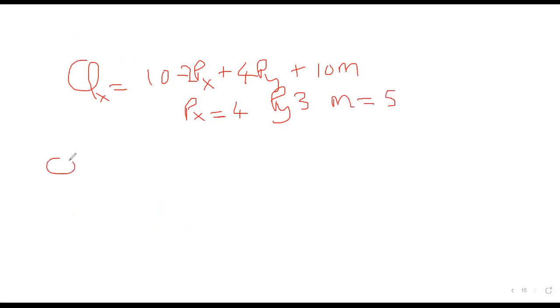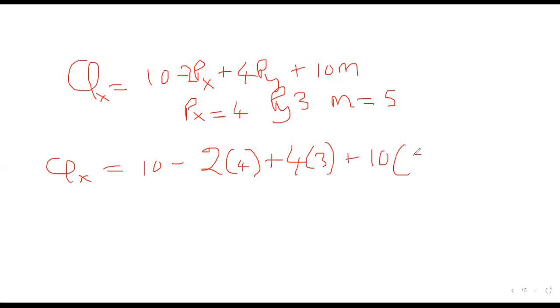Number one, find the quantity demanded. So just substitute the figures there. Here we put 4, on the y we put 3, and on the m we put 5. Am I too fast for somebody?